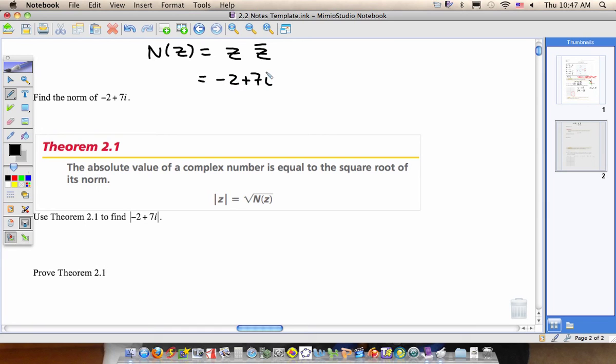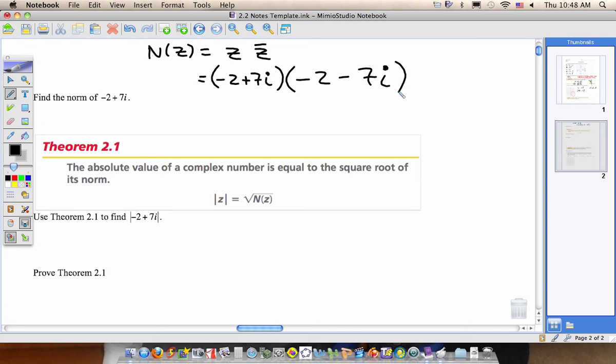So in this case, we have -2 plus 7i. What's the conjugate of -2 plus 7i? Andrea, what's the conjugate? Exactly, -2 minus 7i.